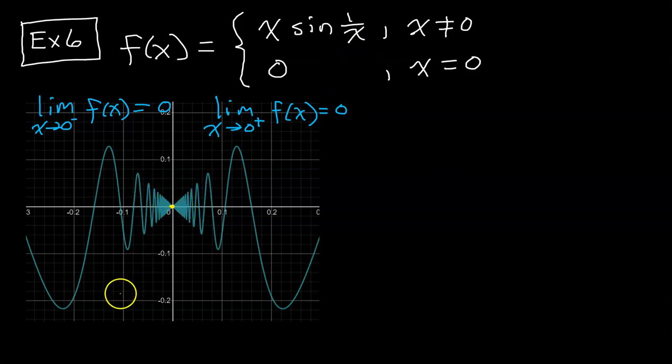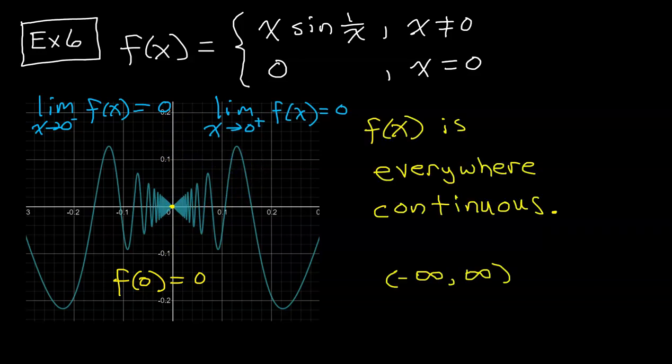And we get that the value of the function at 0 is 0. If the limit of the function from the left is equal to the limit from the right, and that's equal to the value of the function, then that is the definition of continuous. So we see that f of x is everywhere continuous, from negative infinity to positive infinity.